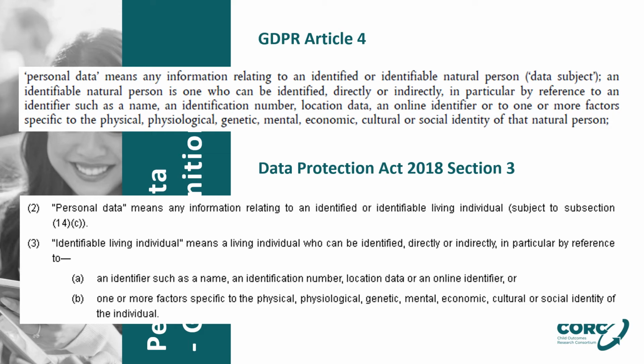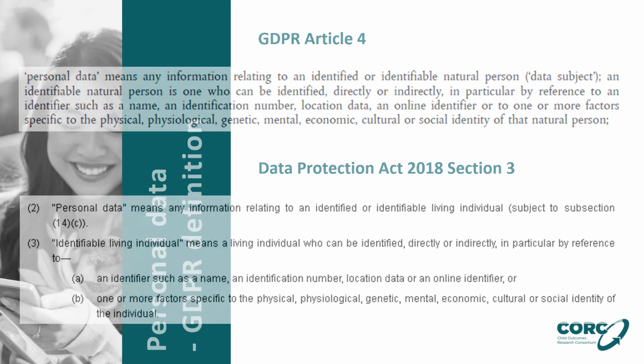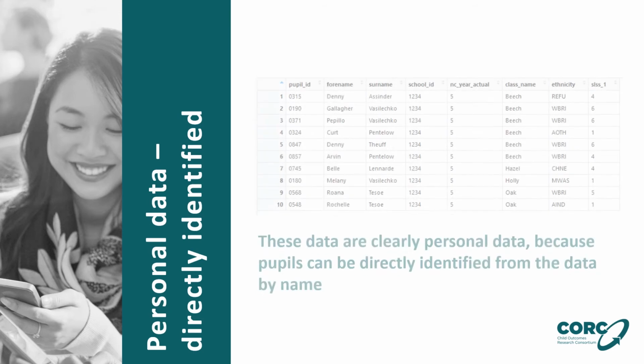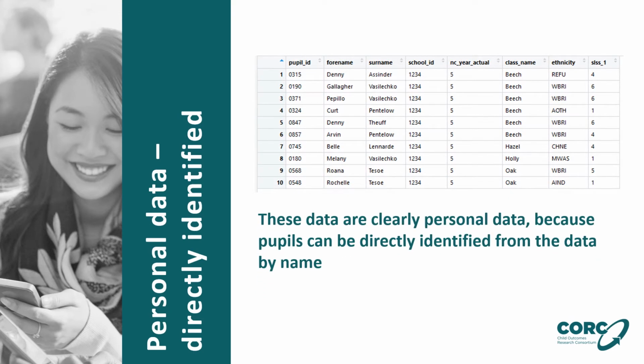In these cases, there is often uncertainty, and further discussion and deliberation may be required to decide whether the data can be linked to a living person. The table on this slide is our previous example of the identifiable data from a school wellbeing survey. Pupils can be directly identified from the table, and so the data are clearly personal data.